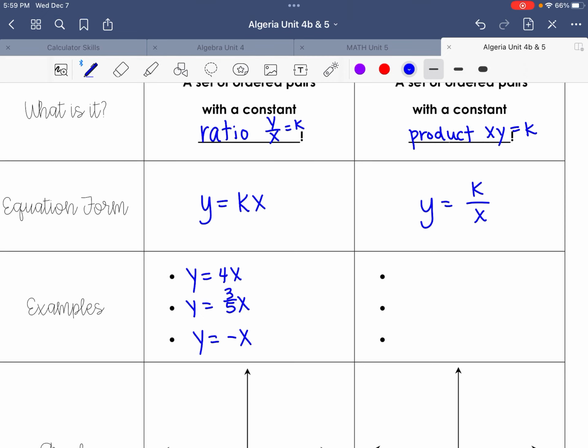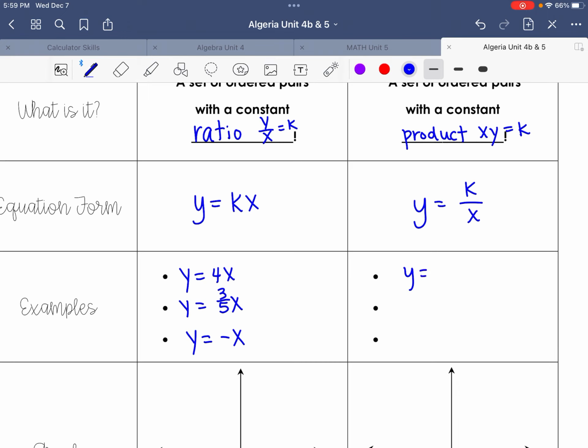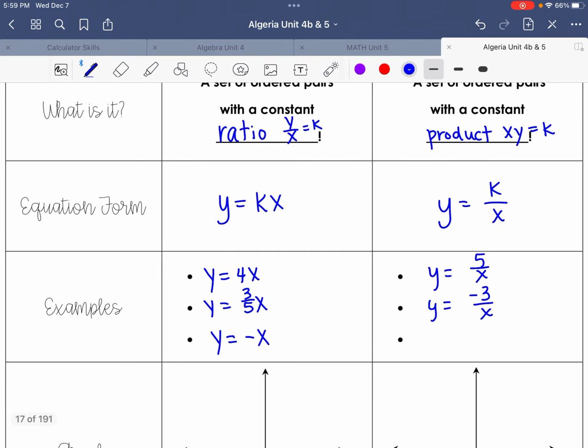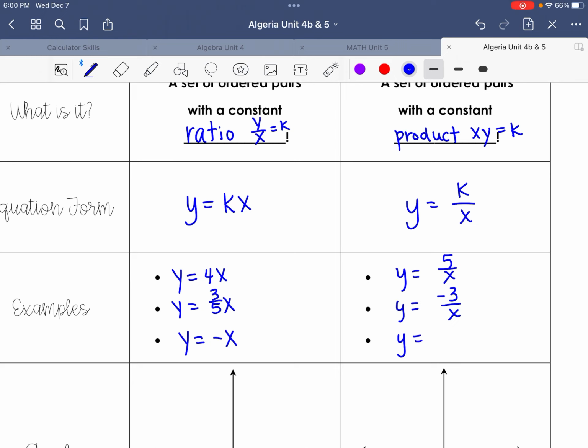Inverse variation is written as a division problem. So you might see something like y equals 5 divided by x, or 5 over x, or y equals negative 3 over x, or y equals 7 over x. So those are just some examples of how those two equations are written differently.